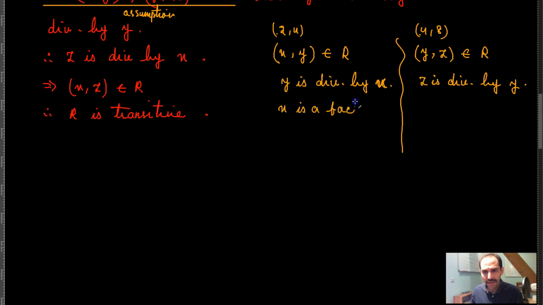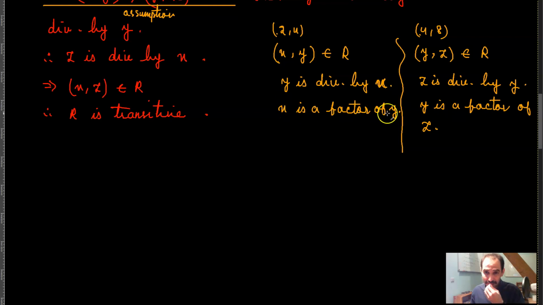And when I say that z is divisible by y, that means that y is a factor of z.